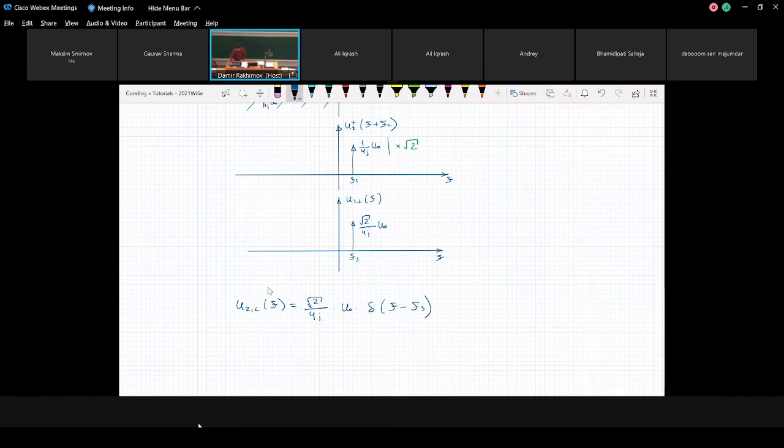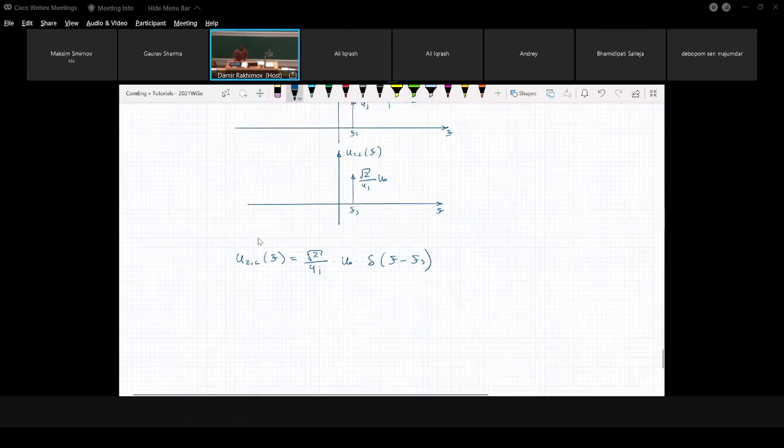And the final step, calculate the signal in the time domain by applying the inverse Fourier transform. So U_L of t. Then we get square root of 2 over 4j, and instead of the delta pulse, we place the exponential function, exponential of j 2 pi Fs times t.